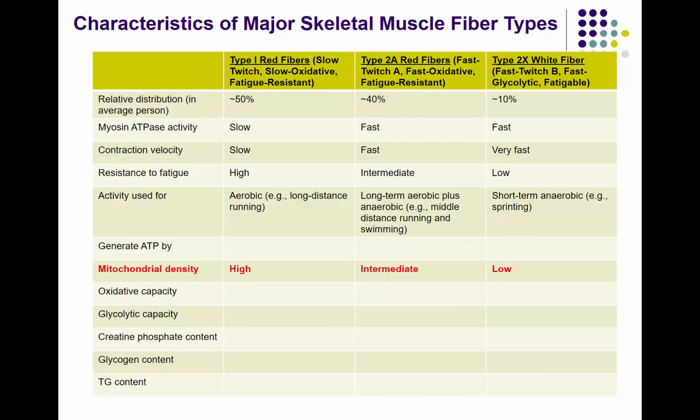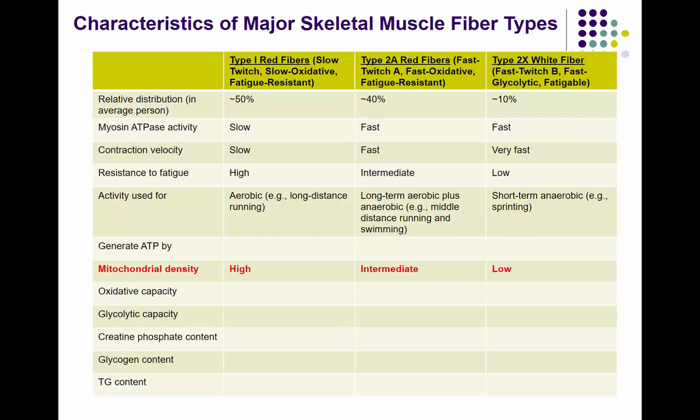And the relative distribution in an average person: about 50% of fibers are type 1 fibers, 40% of muscle fibers are type 2A, and only 10% of fibers are type 2X, the white fibers.